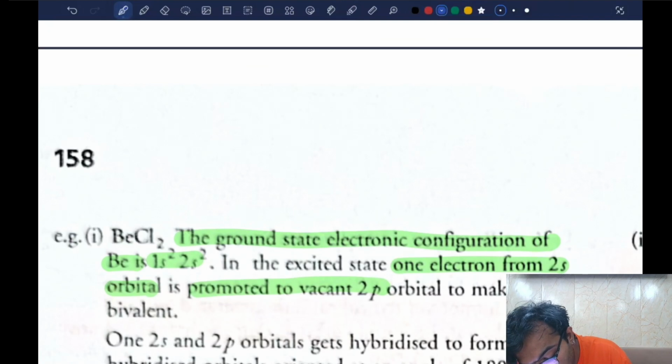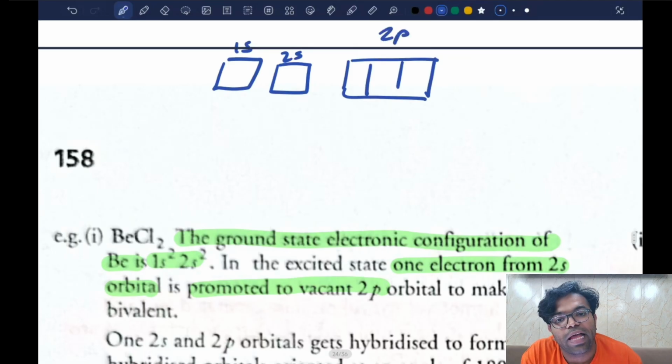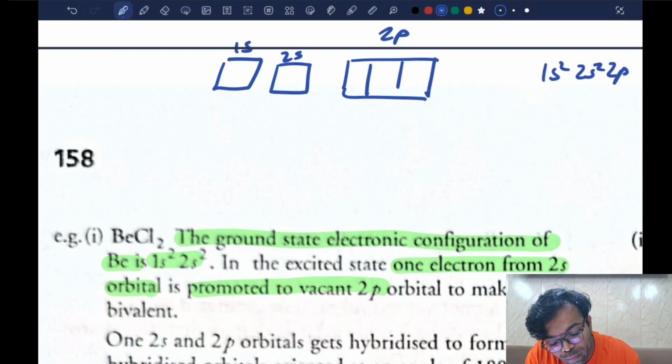So you have 1s, 2s, and 2p. The electronic configuration of beryllium is 1s2, 2s2, 2p0. We are not interested in any orbital apart from the valence shell, so only the 2s is present.